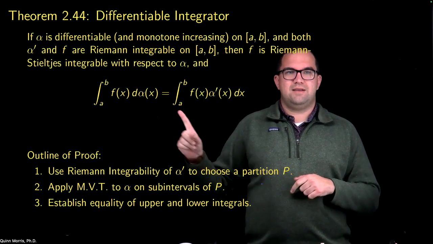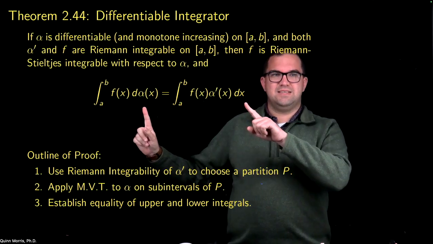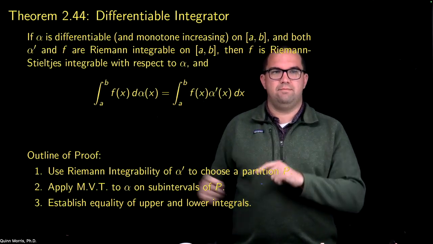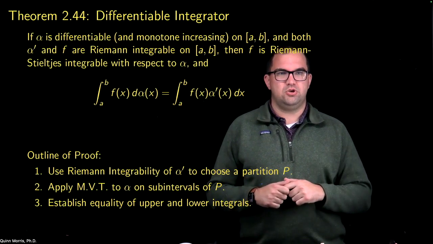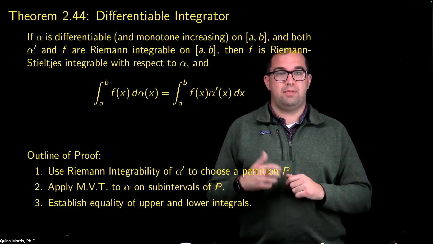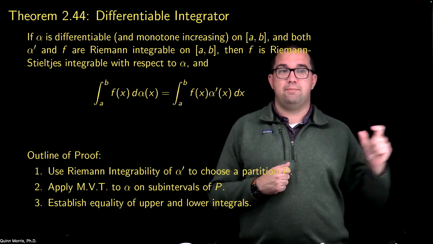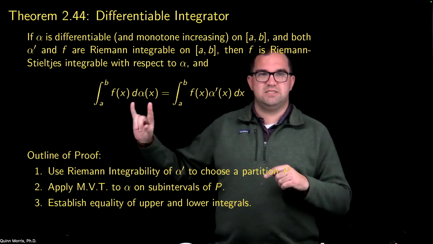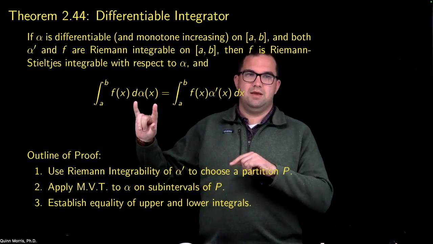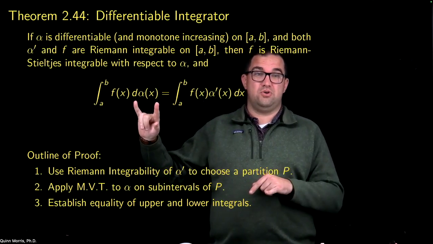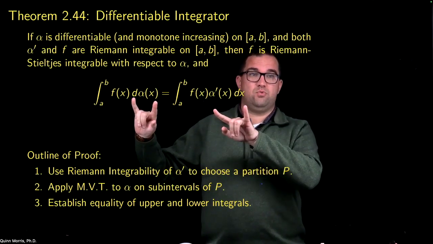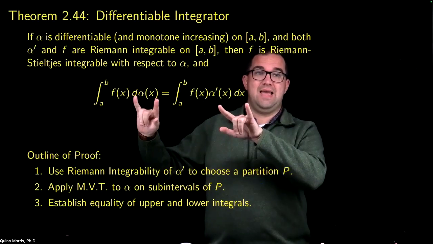Now, at some point, what I essentially have to do is I need to relate this dx and this d alpha. And the way I'm actually going to do that is I'm going to use the mean value theorem. I'm going to apply the mean value theorem to alpha on subintervals of my partition. That's essentially going to give me some relationship between, one way to think of it is we're going to show that this d alpha is equal to alpha prime dx.